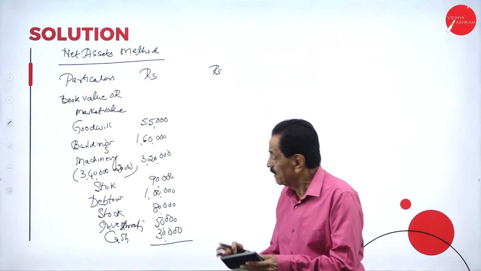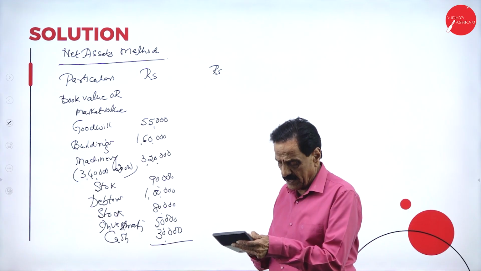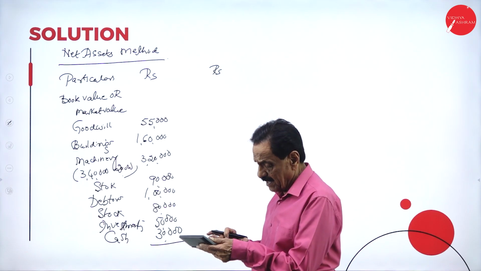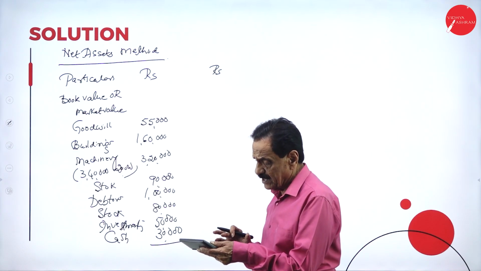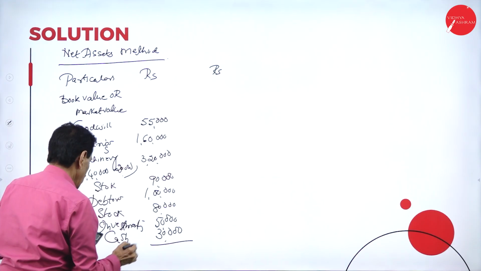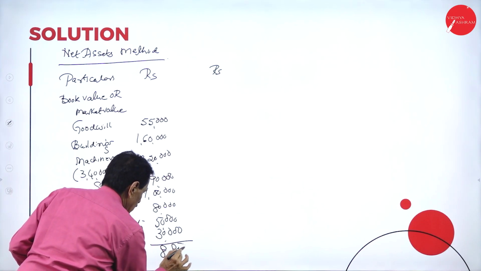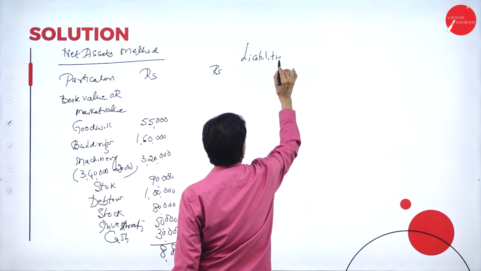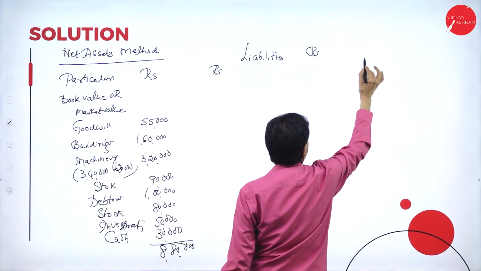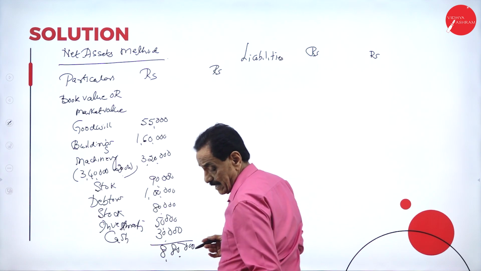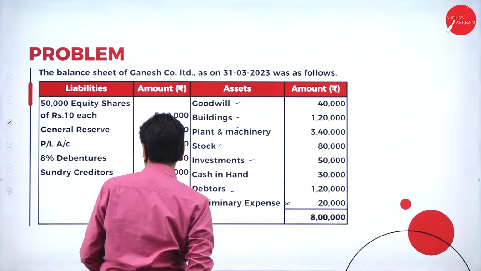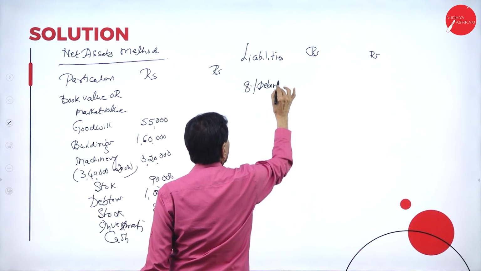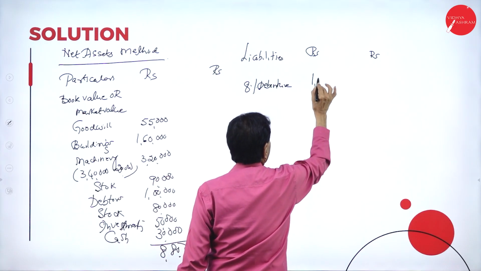Should we add the figure now? 55,000, 1,60,000, 3,20,000, 90,000 plus 1,00,000 plus 1,80,000 plus 50,000 gives 8,85,000. Liabilities: 8% debenture, one lakh.